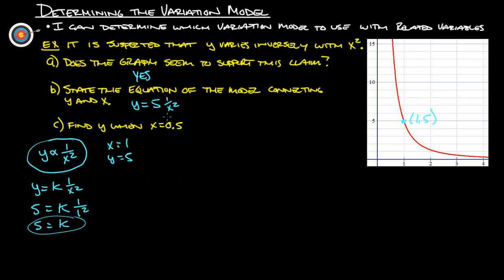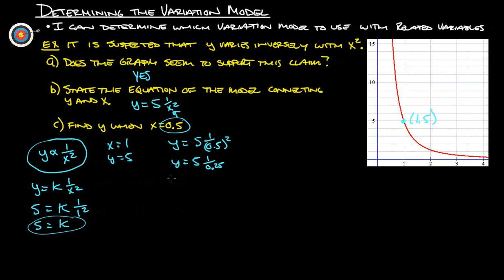Now find y when x equals 0.5. We can take this 0.5, plug it in for x, and see what we get for y. So y equals 5 times 1 over 0.5 squared. 1 over 0.5 squared is 1 over 0.25.